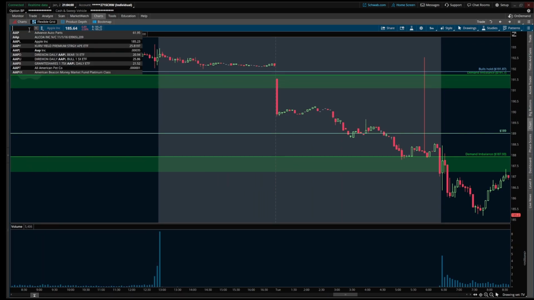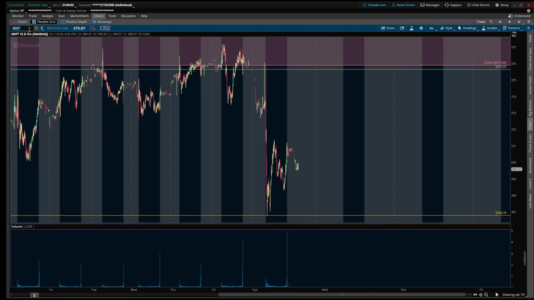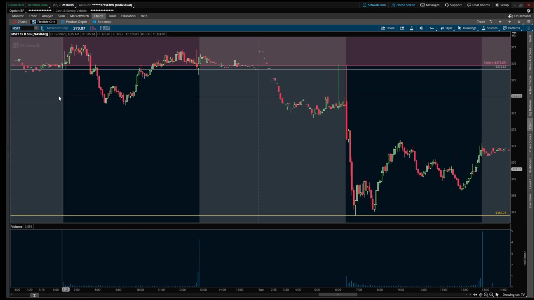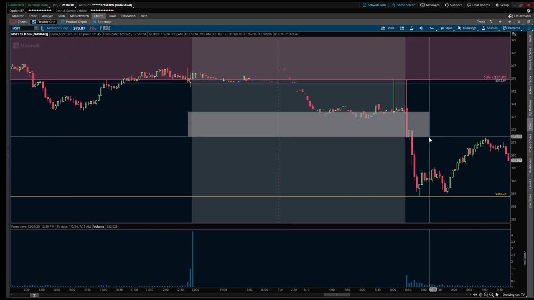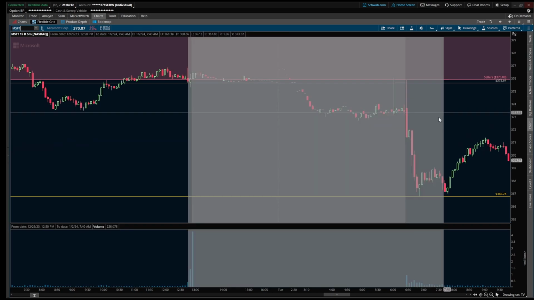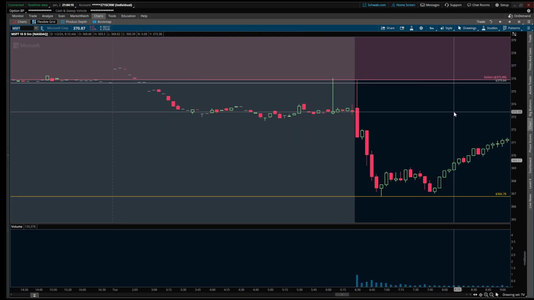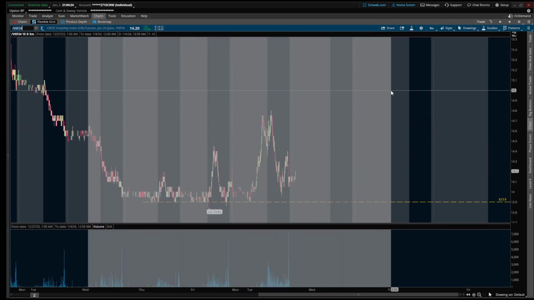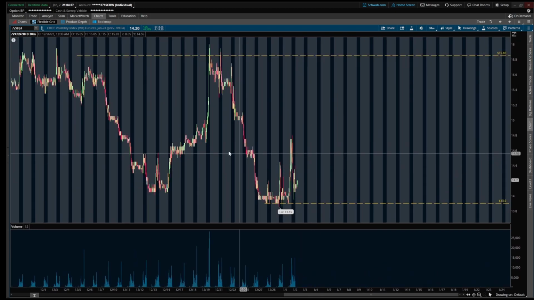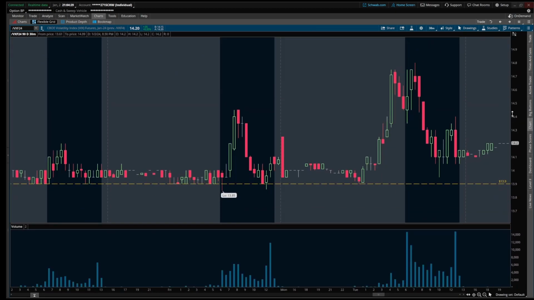And the final piece was Microsoft was rejecting my supply imbalance that occurred in the first 5 minutes of the market open. You can see here, rejected the 375s, and I forgot to mention the VIX was also showing relative strength, putting in a higher high from the prior day's action.